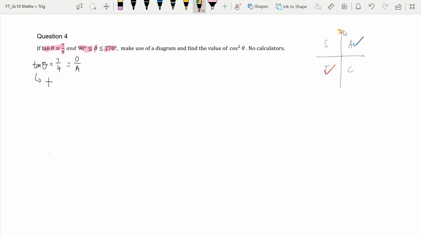So 90 degrees is there, 270 degrees is there. So between those two must be there. So it overlaps in this quadrant. So that is where we are going to draw our triangle. Let's go ahead and do that. I just want to put in some straight lines for us. All right, so we are in the third quadrant.